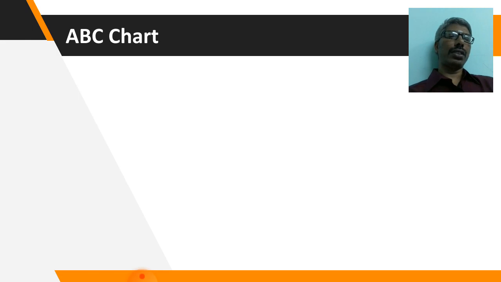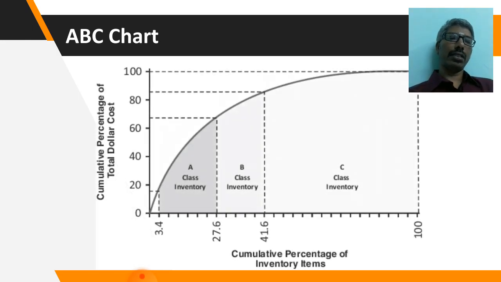Okay, next we are going to discuss the ABC chart. This is a chart explaining the categorization of the materials under the ABC method. Here the x-axis is the cumulative percentage of inventory items, and the y-axis is the cumulative percentage of the total cost.